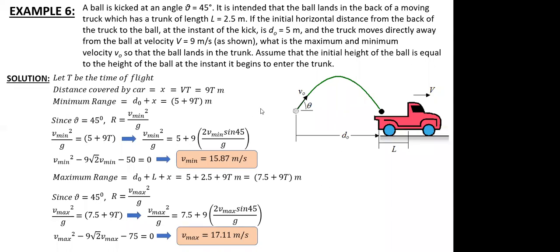Okay, I'm just moving ahead to the next type. So that was ground to ground projectile. Now, the second type of questions you might come across is your horizontal projectile from a height. That means you are at a certain height and you are throwing the object horizontally from that height.